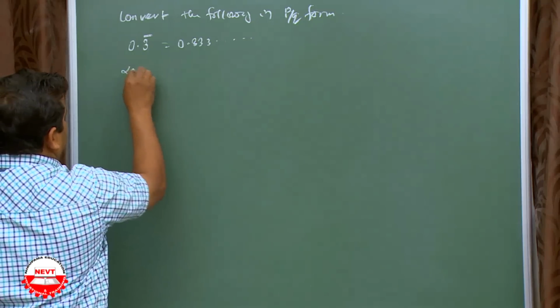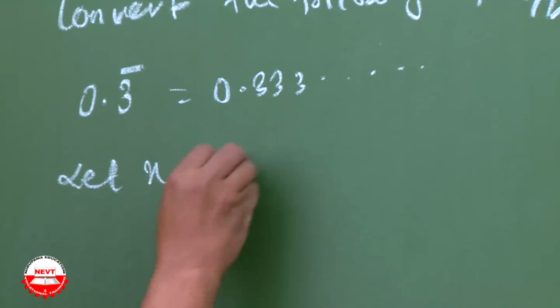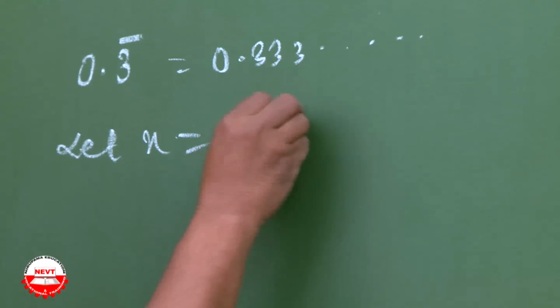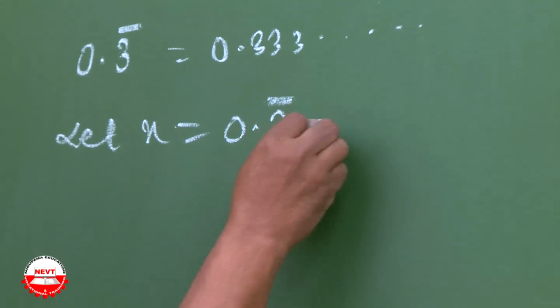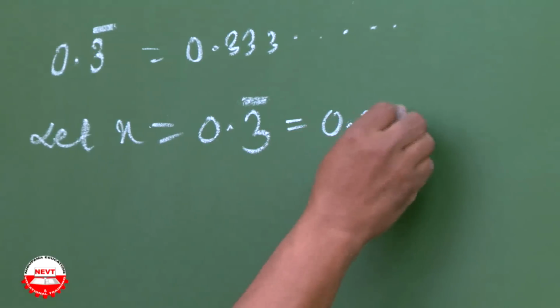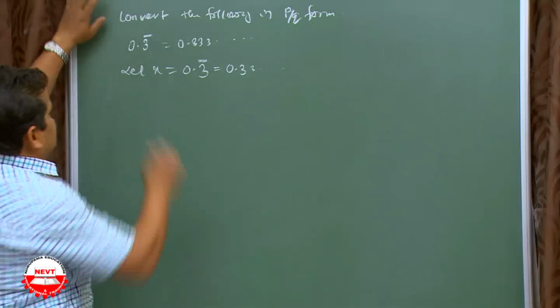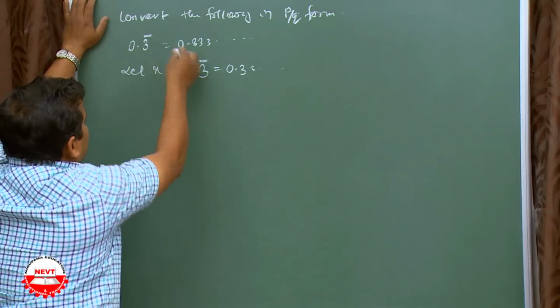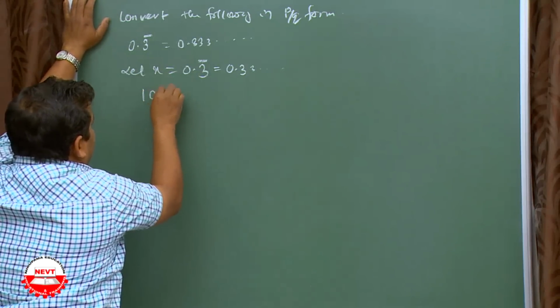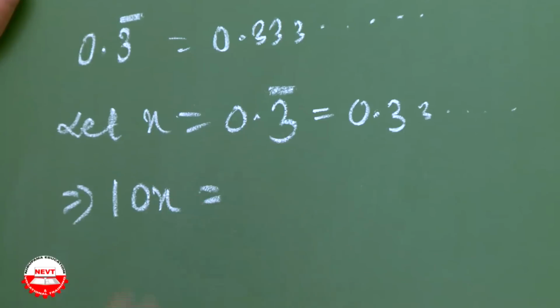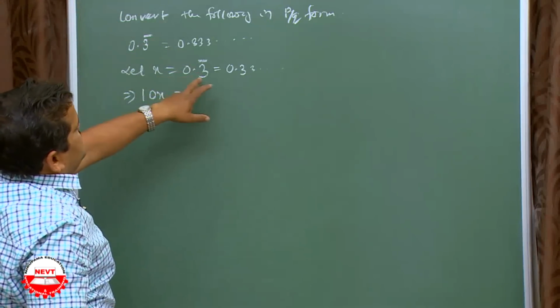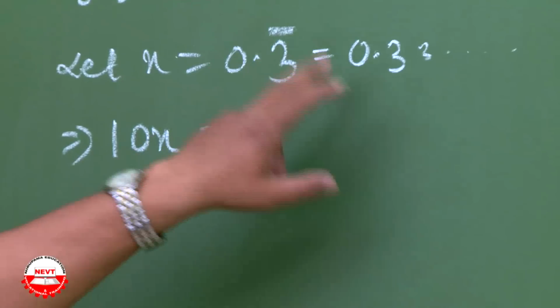Let x is equal to 0.3 bar. 0.3 bar means 0.33 and so on. Let x be equal to this much. So what is 10x? 10x means you multiply this by 10, so the decimal will shift 1 place.